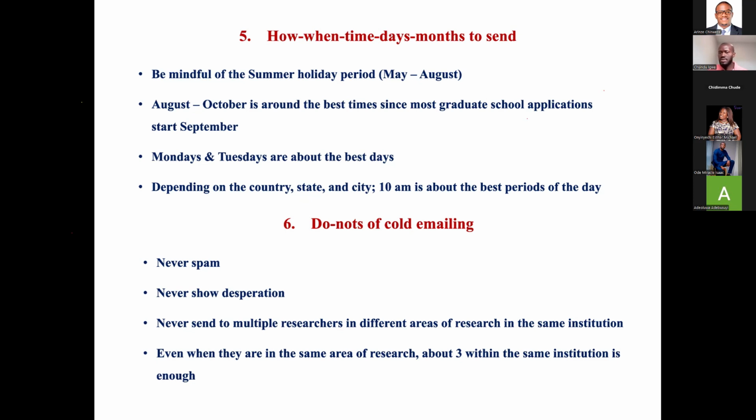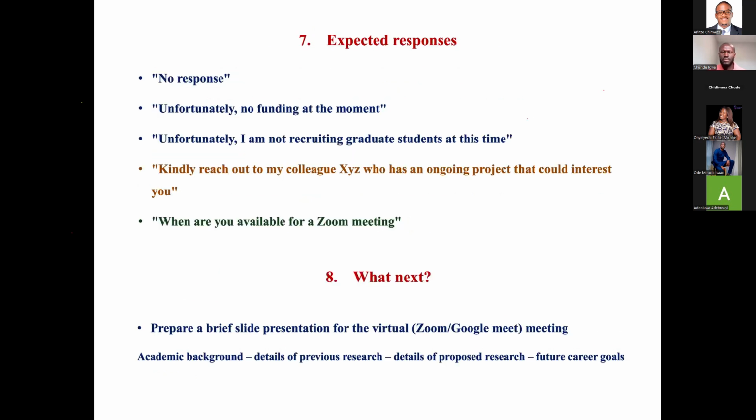And most times, I'm also going to talk about this in the next slide, they can refer you to a colleague of theirs. If you're that impressive and an excellent candidate, they can refer you to a colleague of theirs whose work they feel is more aligned with what you want to do.